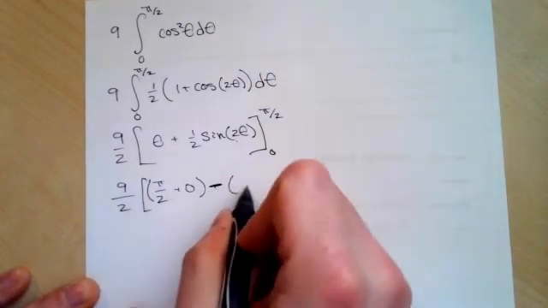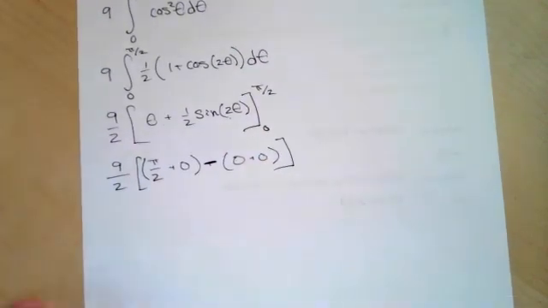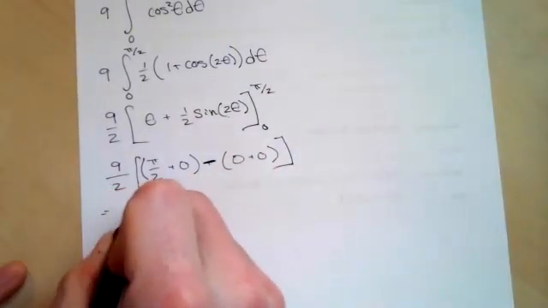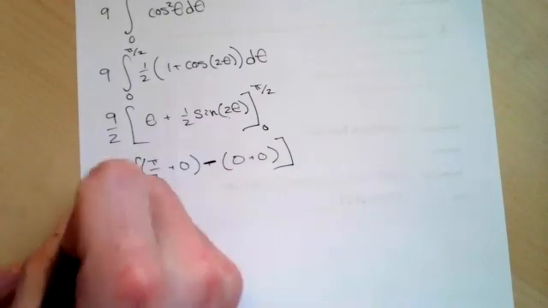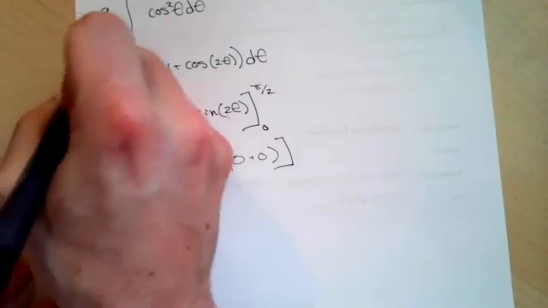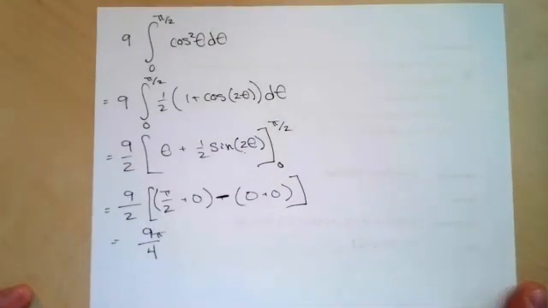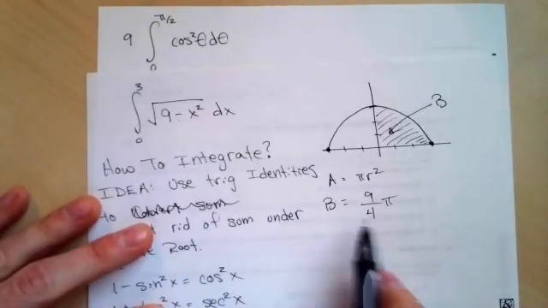Sorry, that should be a minus. When we evaluate at 0, we just get zeros. And so our net result, 9 pi over 4. And that is exactly what we wanted from our geometric reasoning.